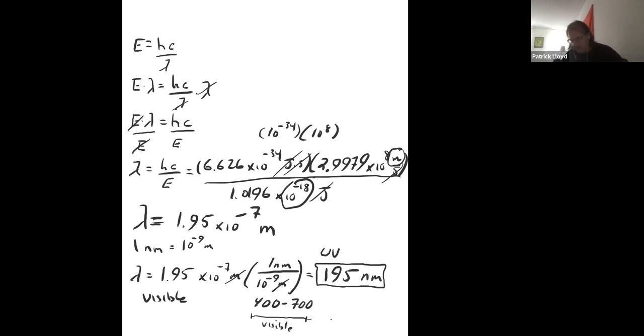Going beyond that, more than 700, is infrared. Going less than 400 is ultraviolet, UV, until you get down to about 10 nanometers. Once you get down to 10, then it becomes X-rays. But in any case, 195 is close enough that it's ultraviolet.